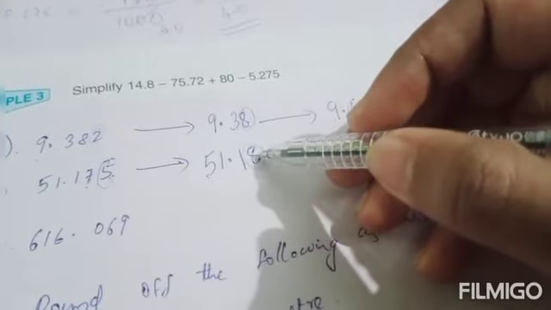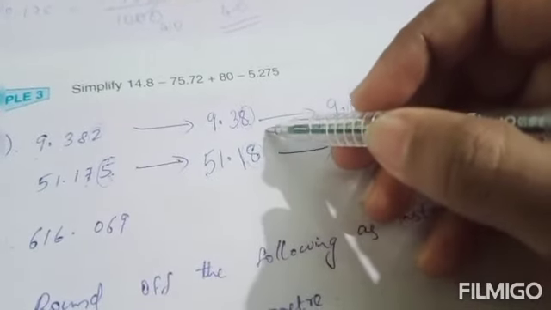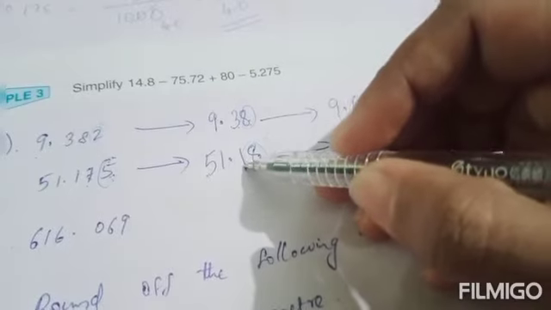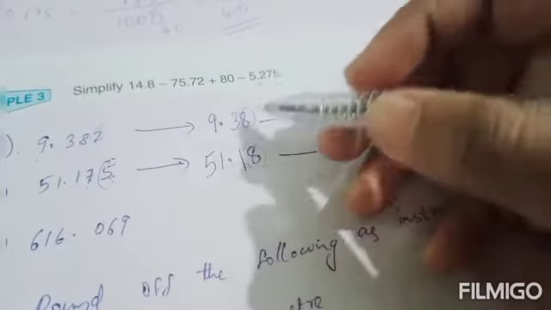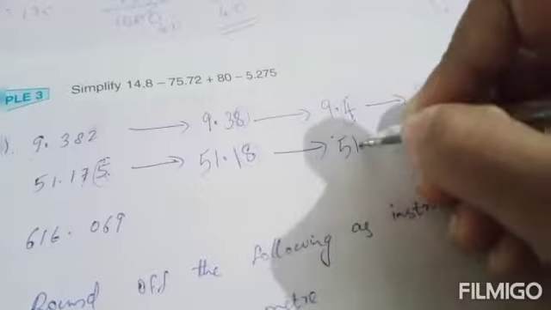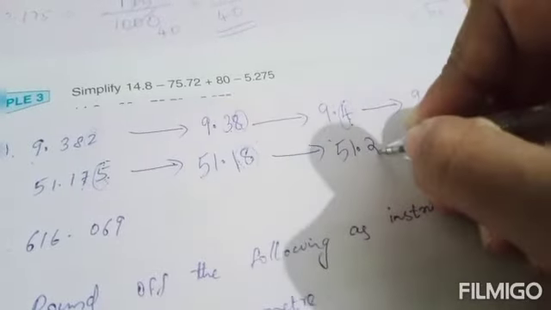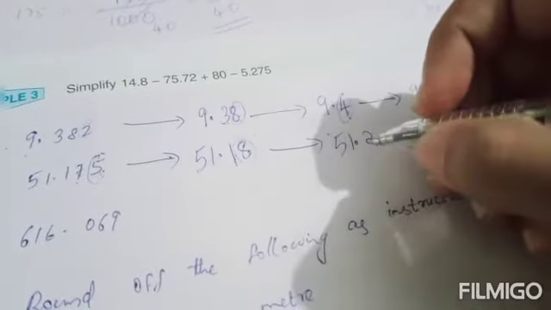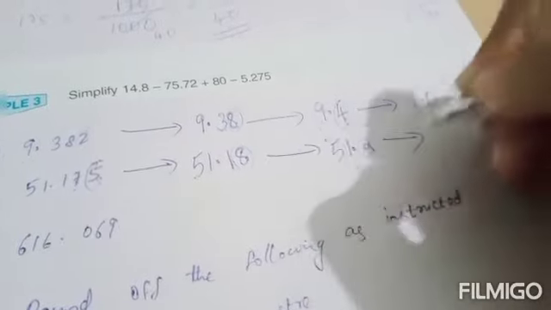So 51.1 plus 1, it is 2. 20. That means 51.2.